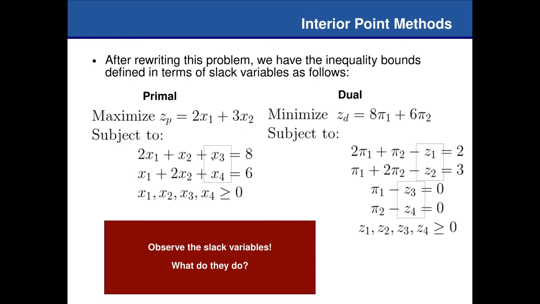Of course, x3 and x4 must be greater than or equal to 0. Otherwise, if it were negative, I would be subtracting a value from this part of my previous inequation, making it even farther from 8 and 6.